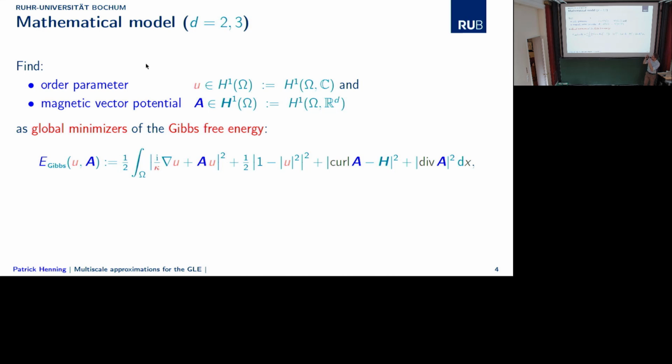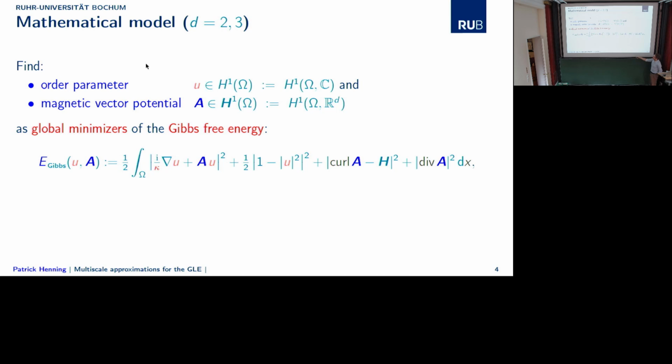But once you know that potential, you take the curl of it, and then you get the magnetic field that is in your superconductor. So the absolute value of u squared is the density, and the curl of A is the magnetic field in your superconductor. Once you minimize this, you get u and A, and then you get your physical observables.